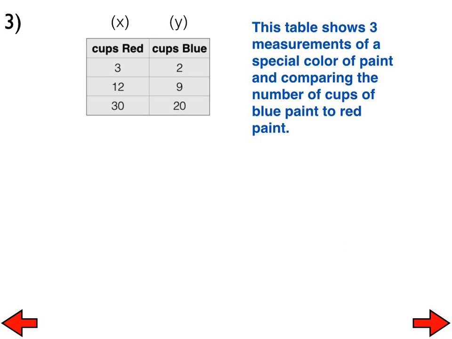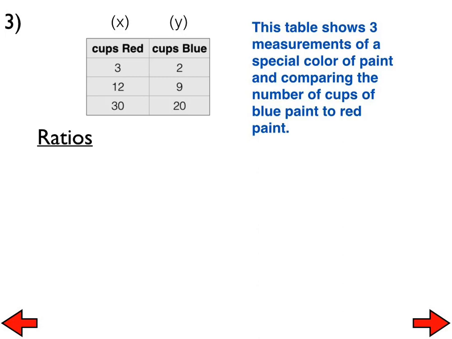The cups of blue are represented by y. Remember, when we're using our ratios, we always check y over x. This table shows 3 measurements of a special color of paint, comparing the number of cups of blue paint to red paint. Check right now to see if this is a proportional relationship or not. I'll give you about a minute.